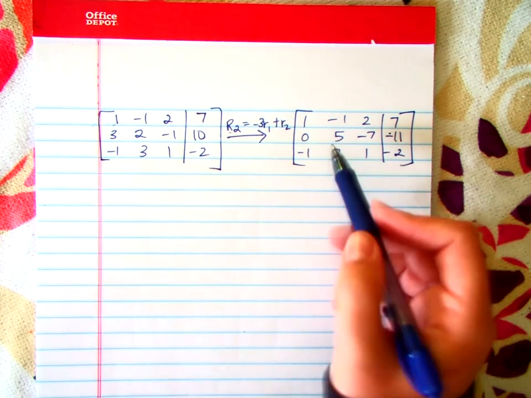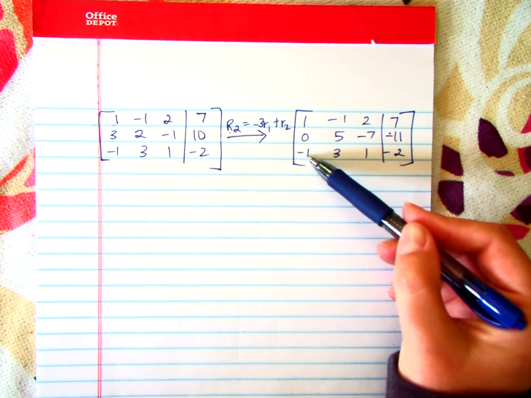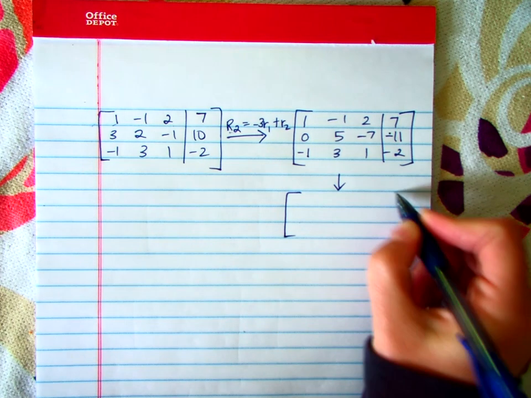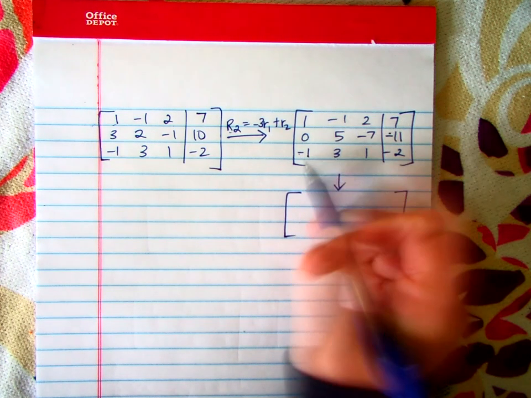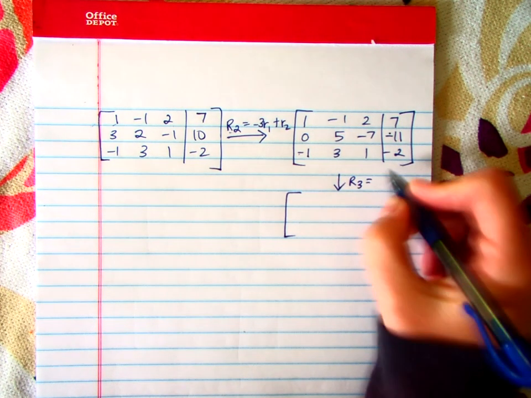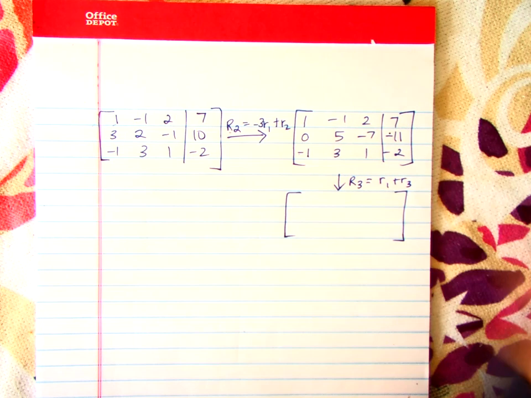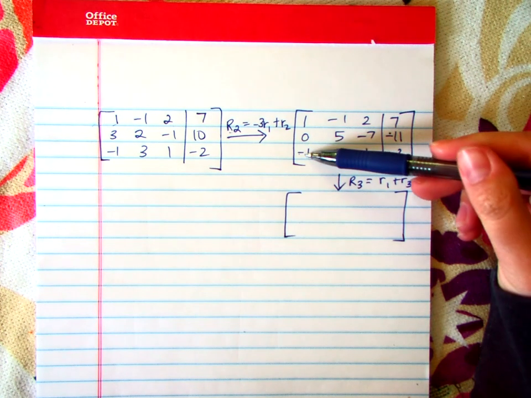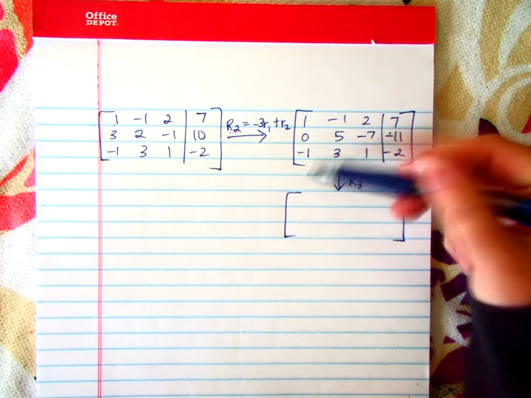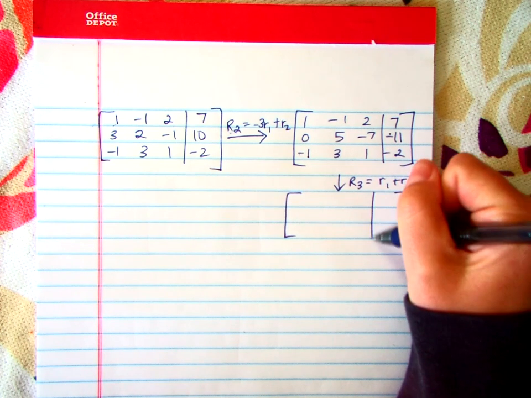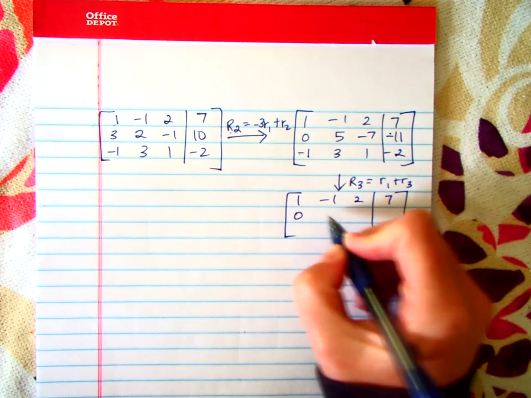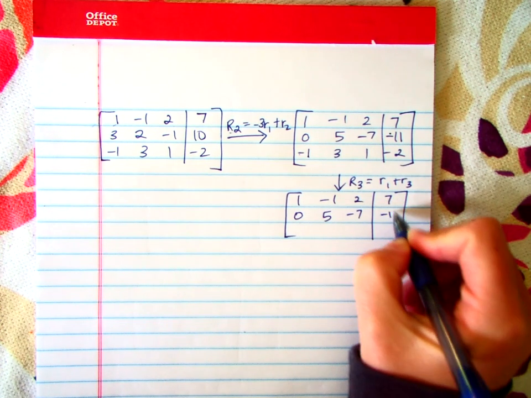All right, so now we want to get a 0 here. So essentially, couldn't I just add row 3 and row 1 together? If I add row 1 and row 3 and replace row 3 with that, I'm going to get zeros down here. Because row 3 is the only thing that's changing, I'm keeping everything else the same.